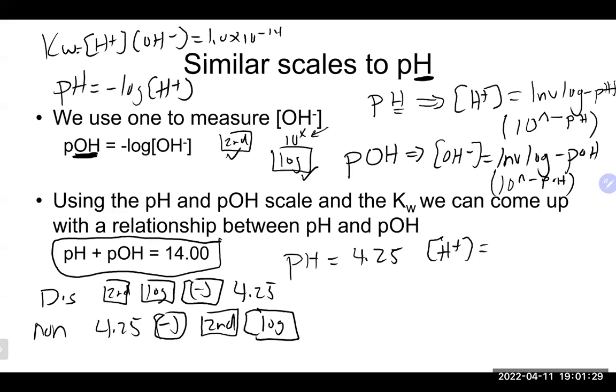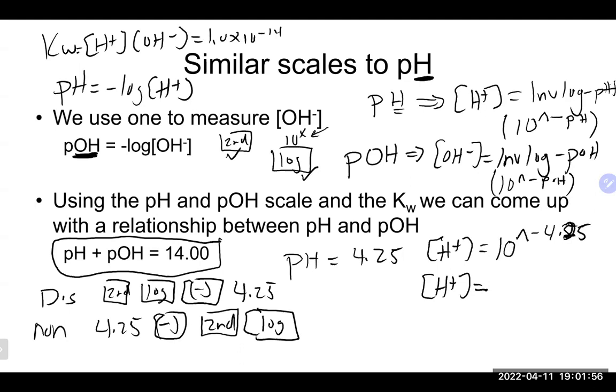If you do it one of those two ways, again, if you have a display calculator, it will probably put a 10 and a caret, negative 4.25 when you do that. And where is it on this calculator? There it is, negative 4.25. And you end up with an H plus concentration of roughly, here, it's 4.25, right? Type in the right number would be good.